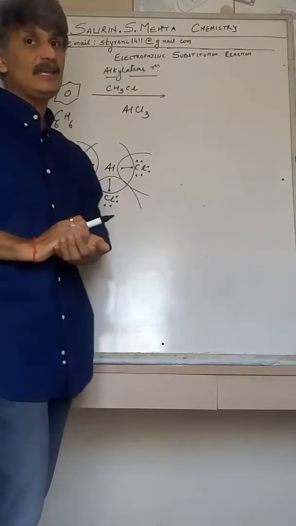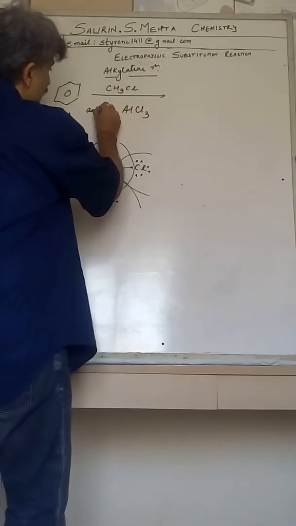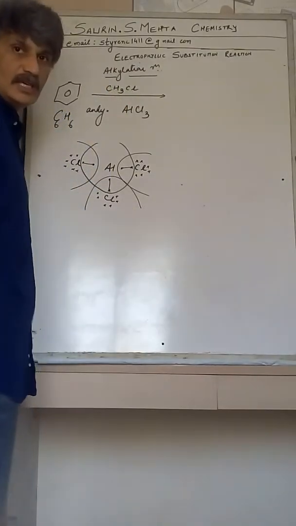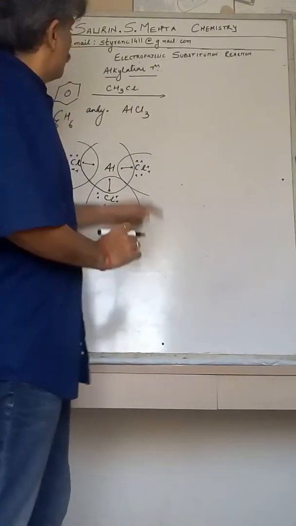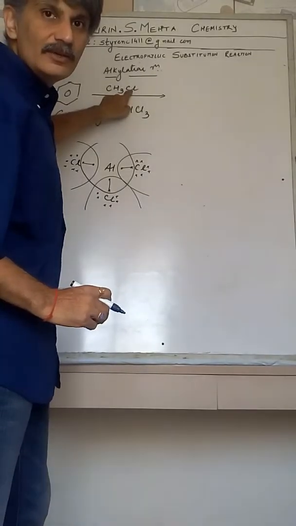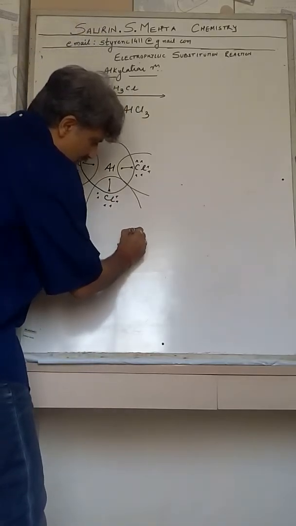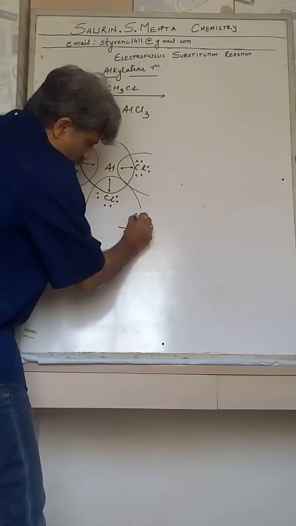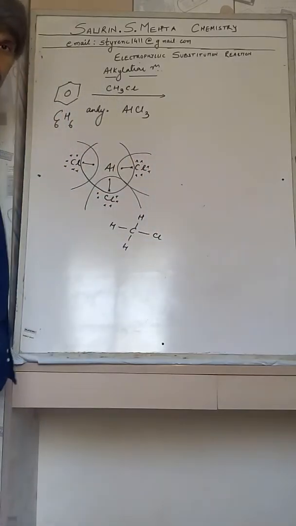But if we clarify that this AlCl3 is anhydrous AlCl3, then this Cl is more electronegative than the carbon to which it is bonded. I'll show you over here. This is CH3 and Cl.